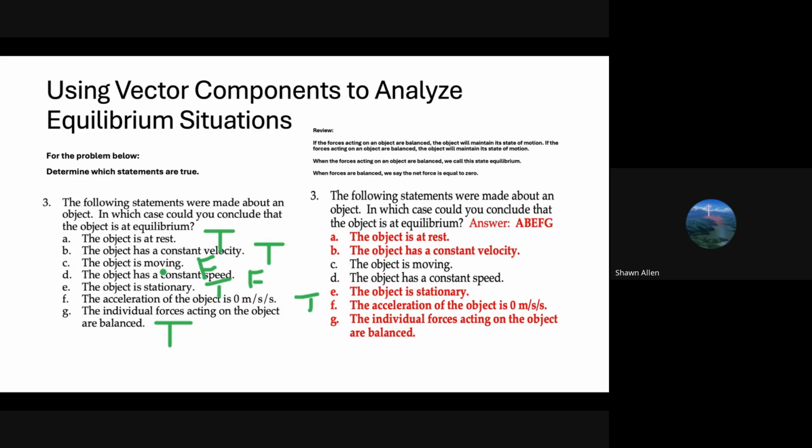So just because an object has constant speed doesn't mean that it's not changing its velocity. You can keep turning at 20 miles per hour. That's still constant speed, but not constant velocity. Does that part make sense before I move on?